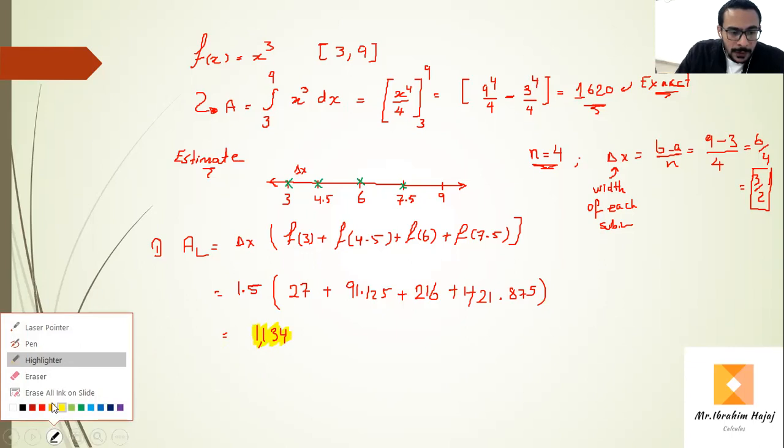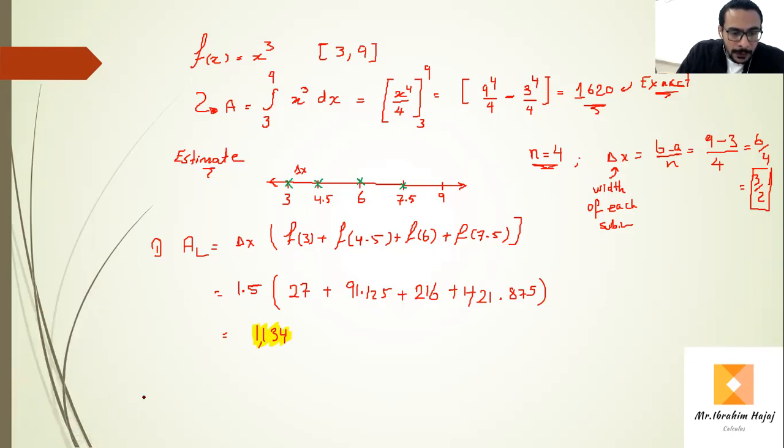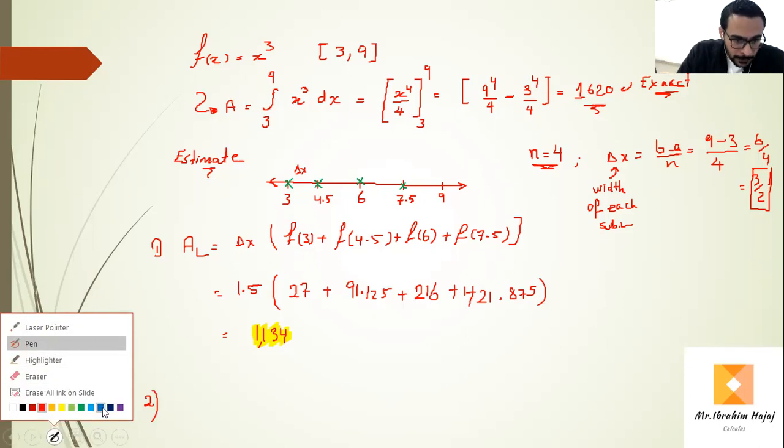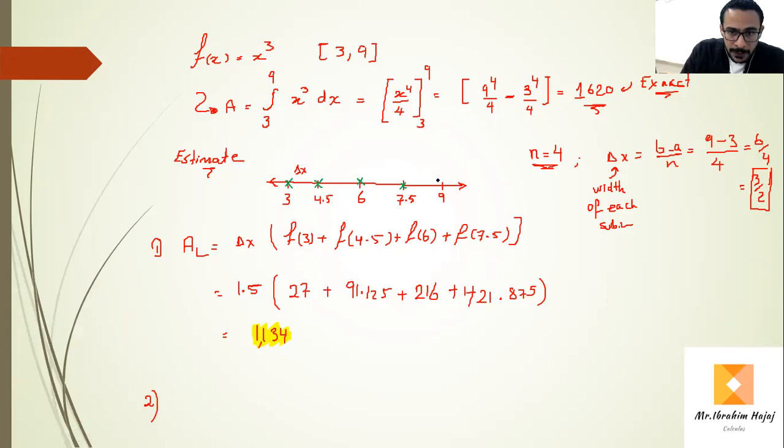Who can do it, guys, when we have to approximate? Number two, let's approximate using the right endpoints rule. The difference is that we use only 9, 7.5, 6, and 4.5. Delta x is 1.5.